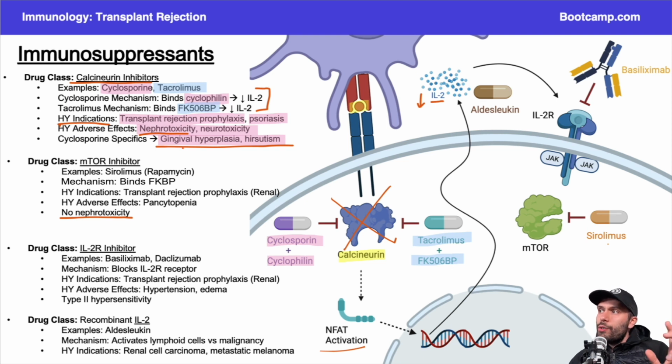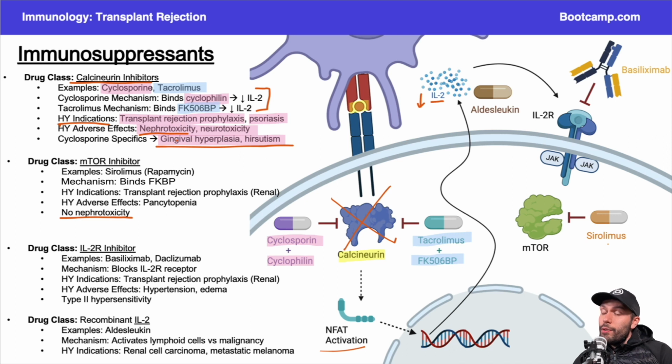So there are certain unique side effects in board questions that make you jump to something. So when I see gingival hyperplasia, I jump to phenytoin. If phenytoin is not related to the question, the next thing I'm thinking about is distinguishing cyclosporine from tacro. Okay, so that's what I would remember there, because again, they both have similar effects overall.